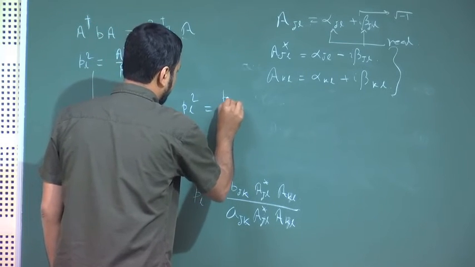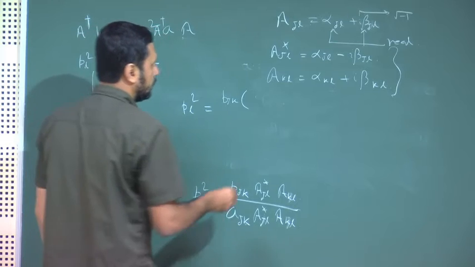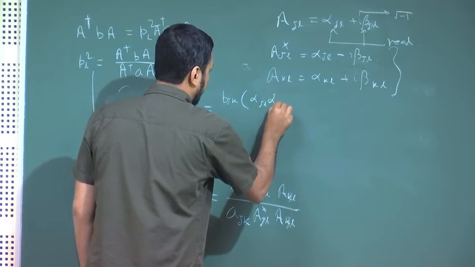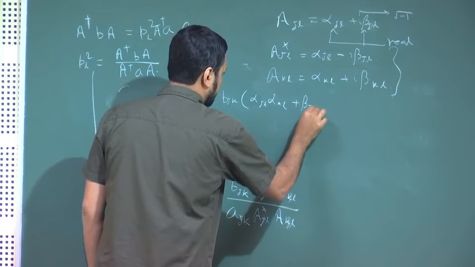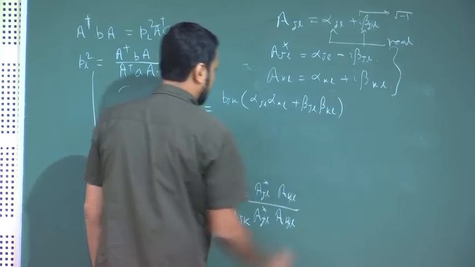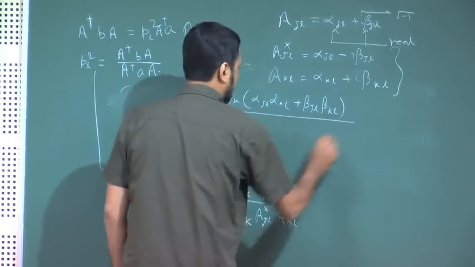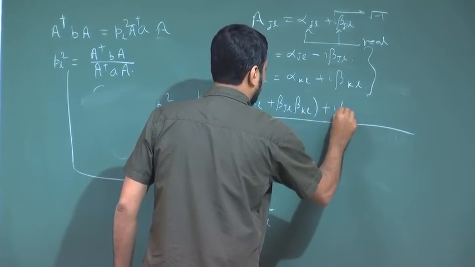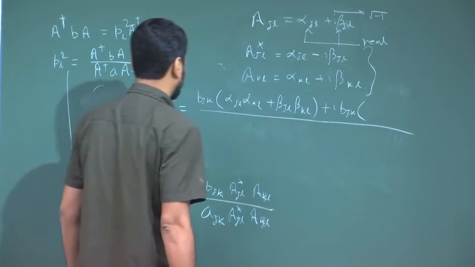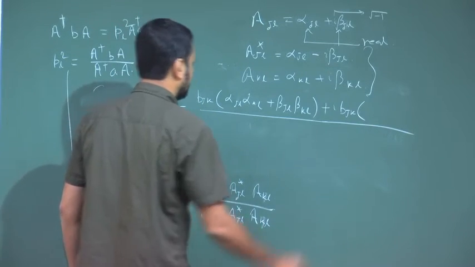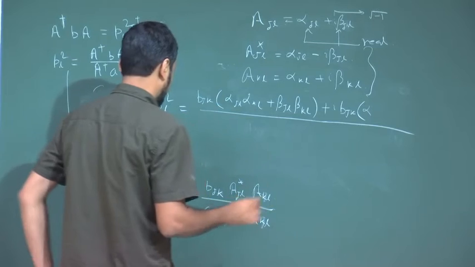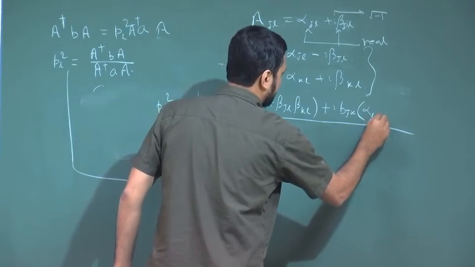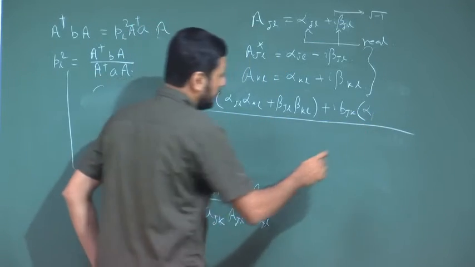I am just leaving it to you for thorough calculation. It will be alpha_jl alpha_kl plus beta_jl beta_kl, and so there will be a plus i b_jk. It does not really matter, because anyway this term will cancel out, we will see soon.